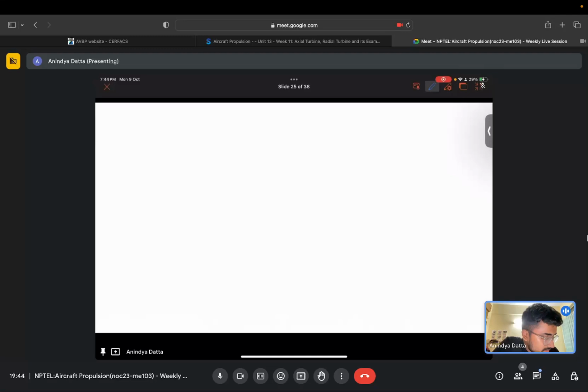For that we have to draw the rotor inlet velocity triangle. We have U, then this is our V2 and this is our C2. The angles are: this is beta 2, this is alpha 2, and this is our Ca.